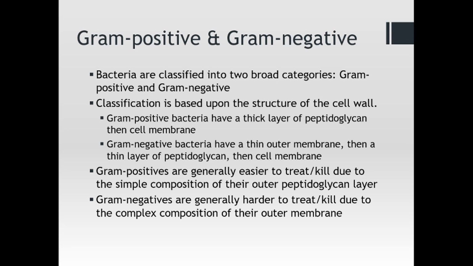Now, we found out some interesting things about this. It's more than just their structure. We found out that gram-positives are generally easier to treat and kill due to the simple composition of their outer peptidoglycan layer. Gram-negatives tend to be more difficult to remove, get rid of, neutralize, kill because of the complex nature of their outer membrane.